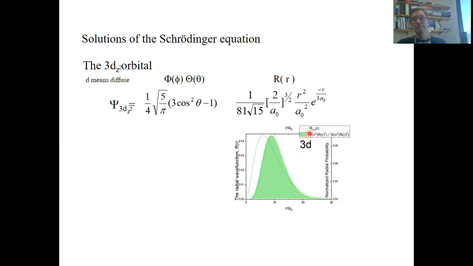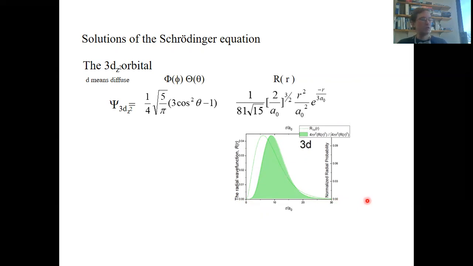So the radial probability function has a quite similar shape. Initially, the probability is very small. Then we are getting an increased probability going to one maximum, and then our probability declines until it eventually approaches 0.